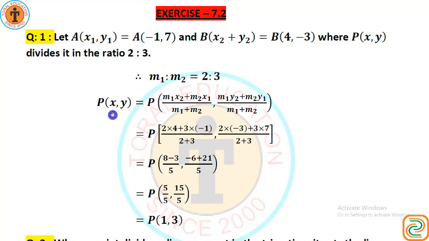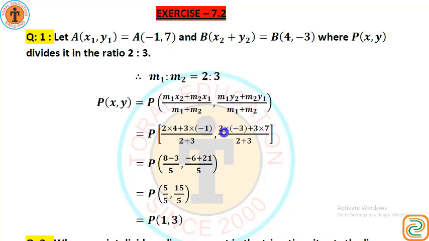If we take from A, then x2 is the first coordinate of B, and if we take from B, then x2 is the first coordinate of A. Here I have taken from A, so x2 is 4. m1 is 2, x2 is 4, m2 is 3 and x1 is -1, upon 2 plus 3, that is m1 plus m2.